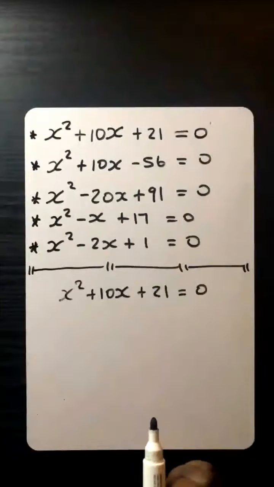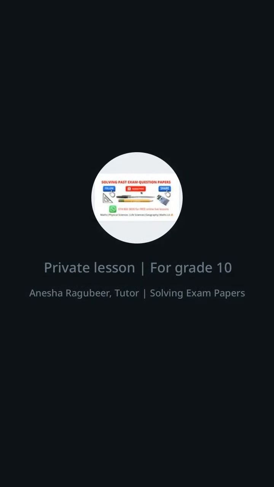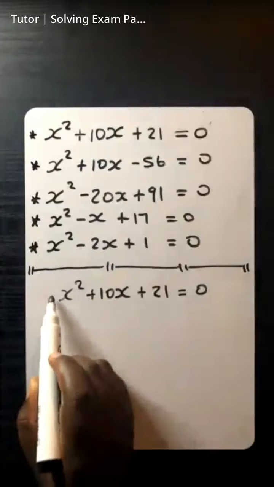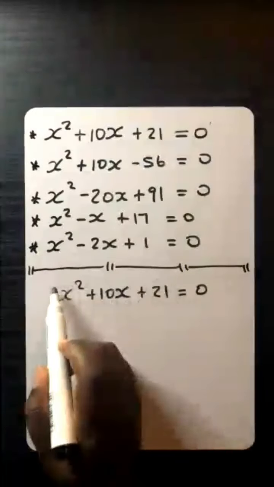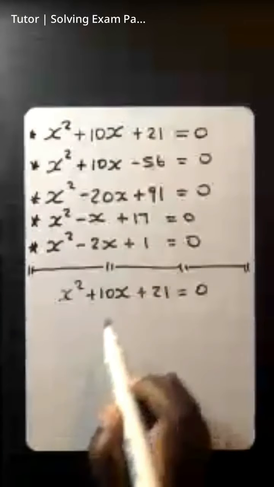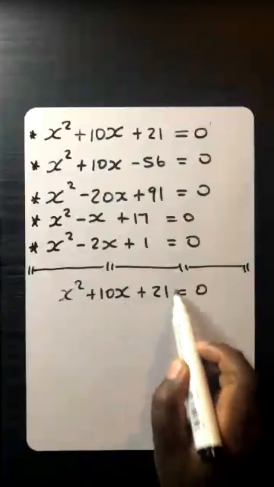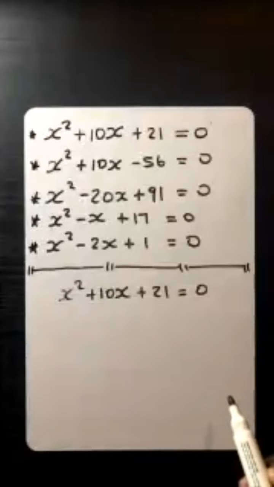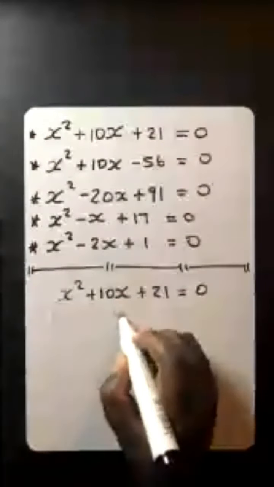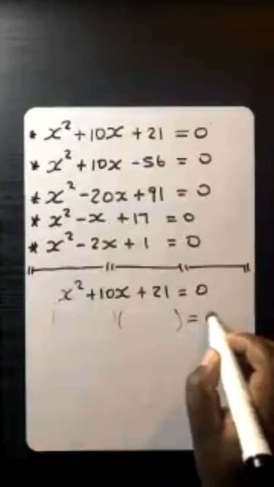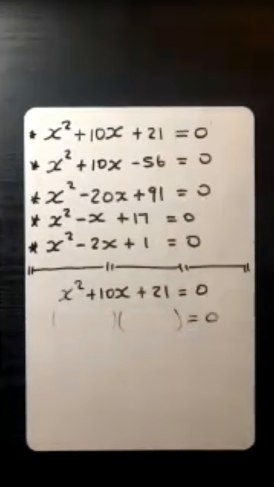What makes it to be in the standard form? It's because I've got a positive a value, and everything is written in the order of letter squared, number x, and then a constant. All of this is equated to 0. So that means I can now go ahead and factorize. Are you happy with everything that I've said, guys?